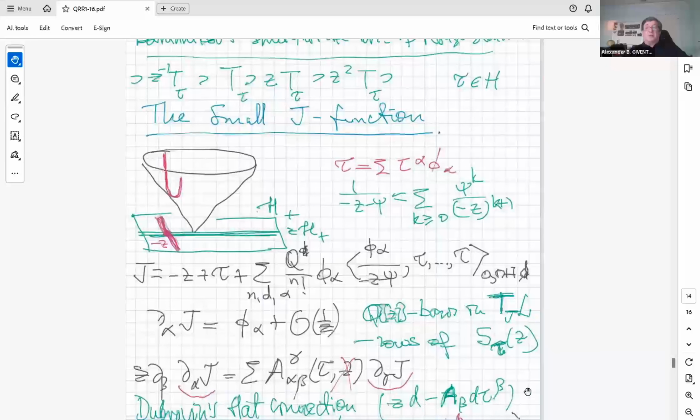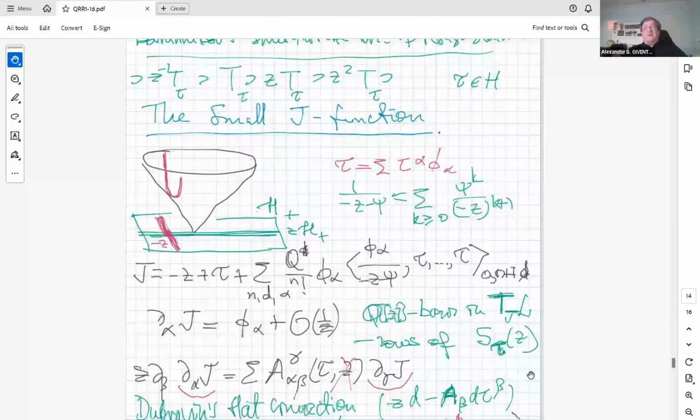So that matrix S is the fundamental solution to this connection, this actually one parametric family of connections. The parameter is z, and it's called Dubrovin's connection. If you know what Frobenius structures are, it's kind of the main ingredient there. And the fact that this connection has a fundamental solution means that it's flat.